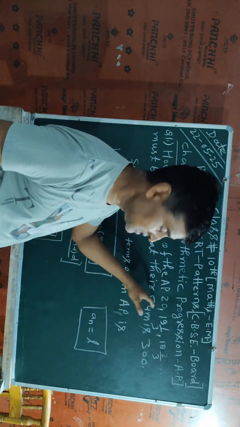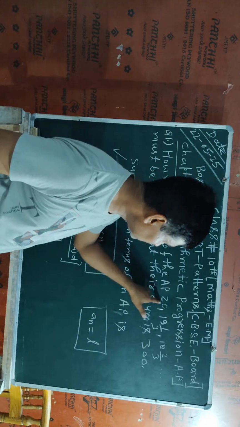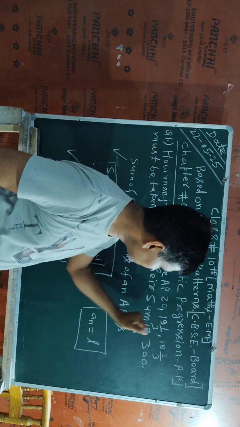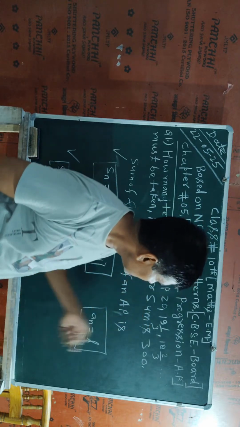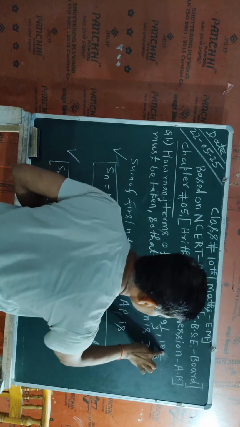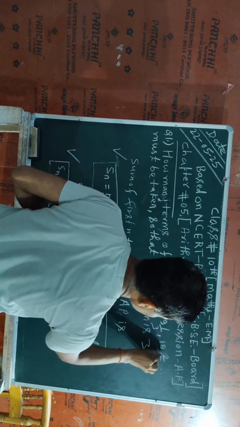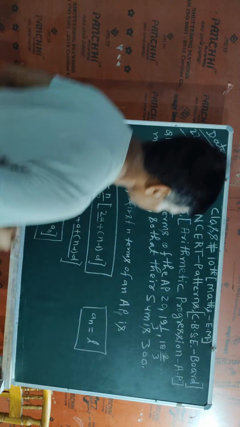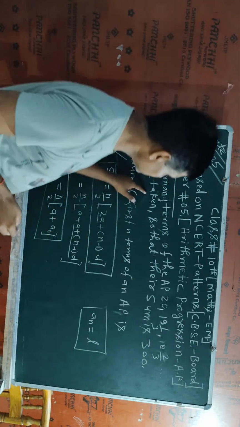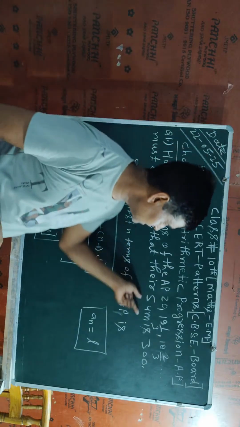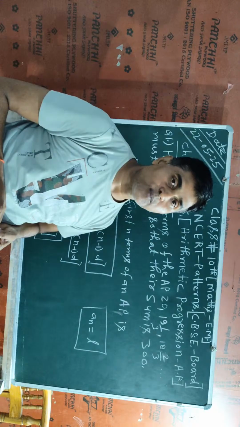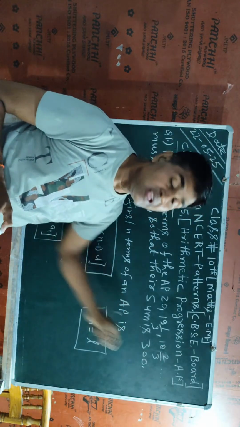The AP series is given as 20, 19 1/3, 18 2/3, and so on, must be taken so that their sum is 300. That means the sum of the arithmetic progression is given, and it is equal to 300.